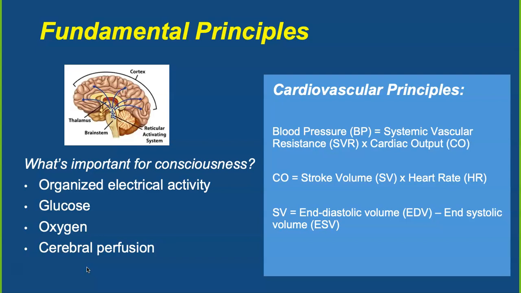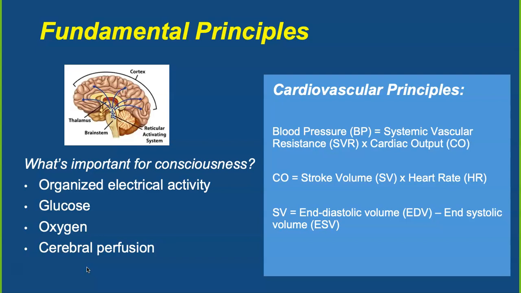And in order for an individual to maintain consciousness, there are four things that have to be in place. Number one, there has to be organized electrical activity in the brain. You have to have adequate glucose and oxygen, which are both substrates for metabolism. And then there has to be cerebral perfusion or blood flow to the brain. So that's one set of principles I want you to remember.